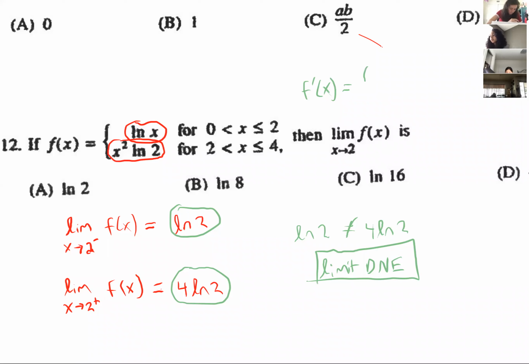So it looked like this, 1 over x, and this next is 2 ln of 2. And then you would have to figure out whether these two things are equal.